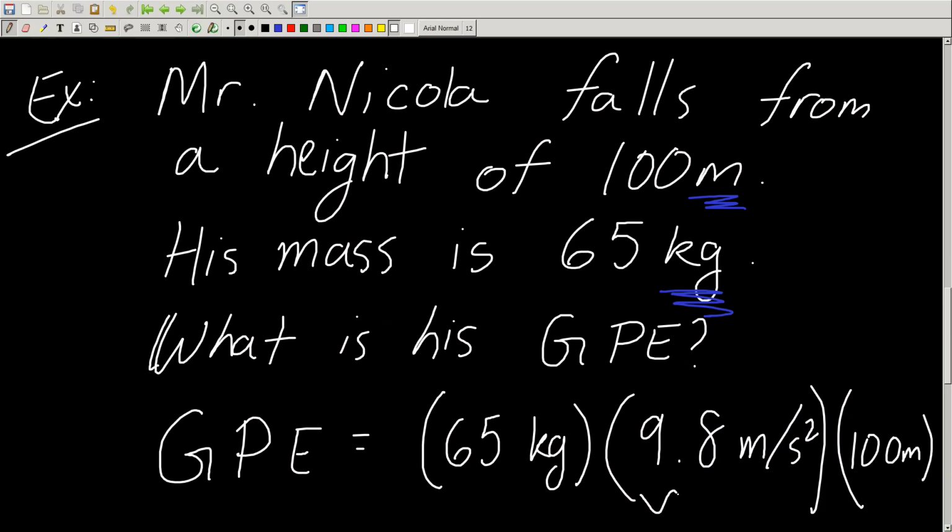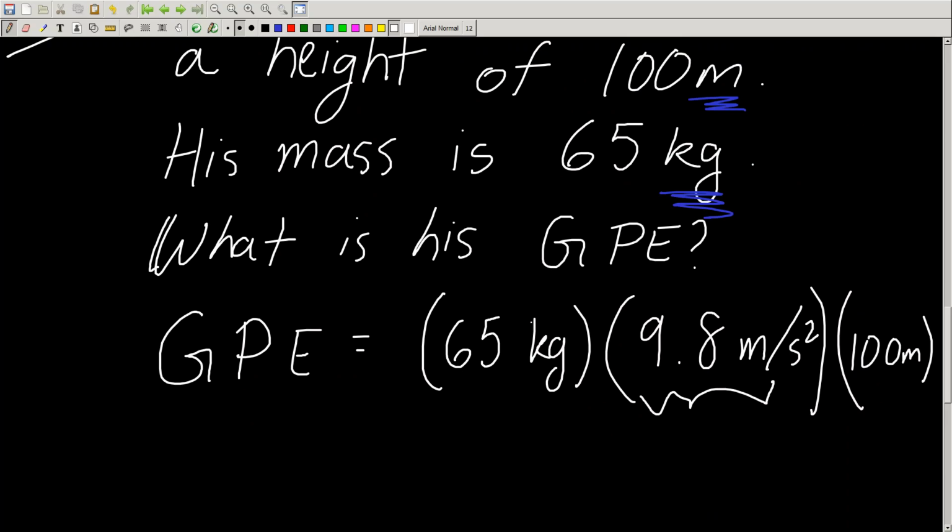Now this is how much speed you pick up per second of falling. So this is speed increase per second as you fall. So you increase 9.8 meters per second. Okay, so every second your speed grows by 9.8 meters per second.